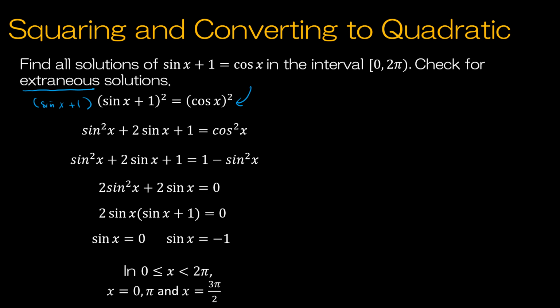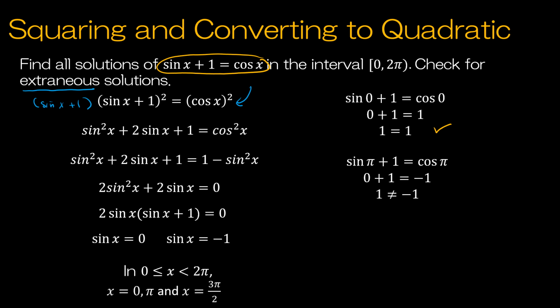Now for each of these, all I'm going to do is take my original equation, plug in the values, and see if the result is true. If I take 0, sine of 0 is 0, cosine of 0 is 1, I get 0 plus 1 equals 1. Obviously, that's true. Next, I have pi. Sine of pi is equal to 0.